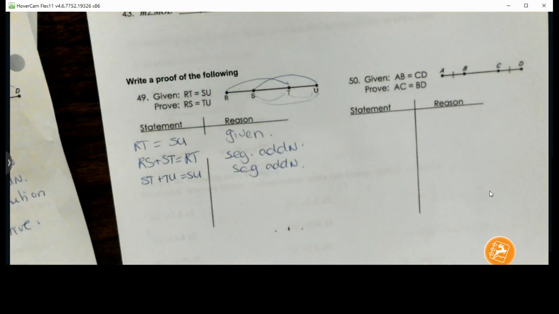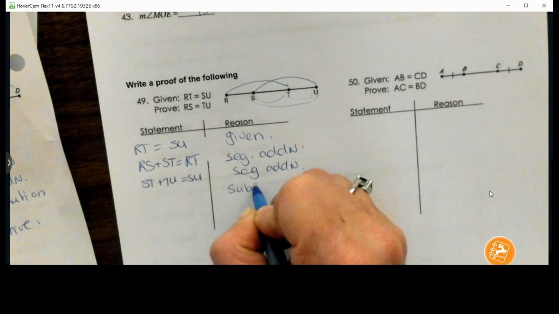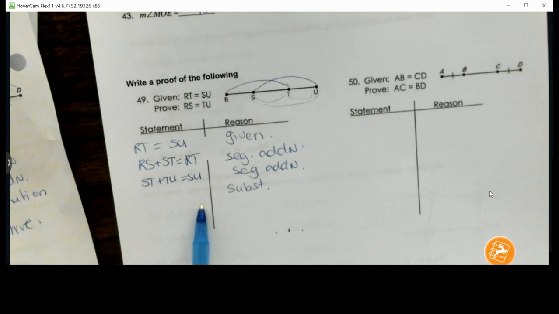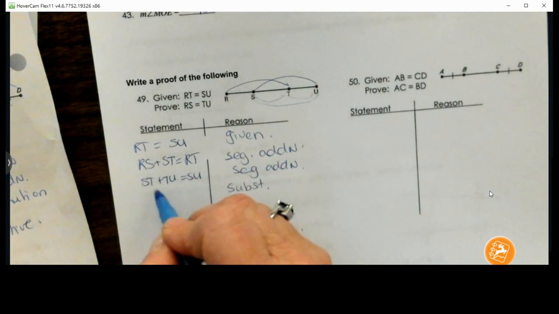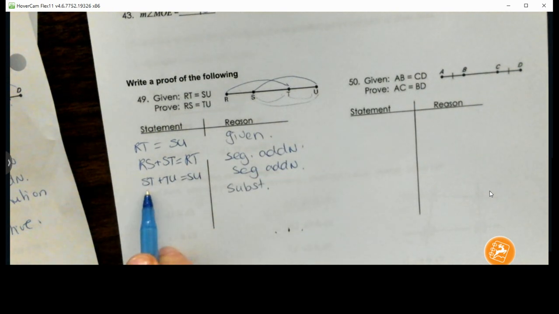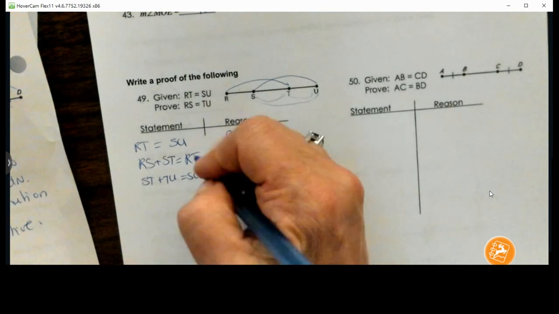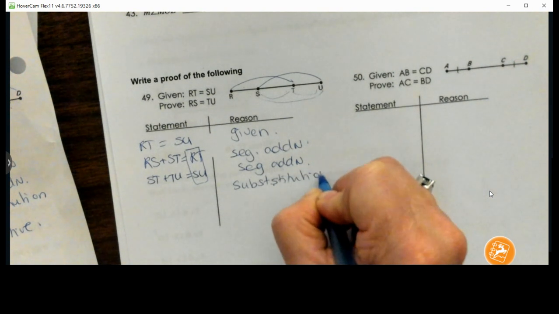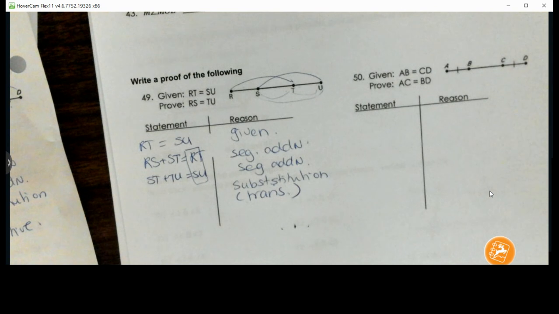Now I'm going to do substitution, because I have RT equaling SU over here, or transitive, you could have them equal each other.